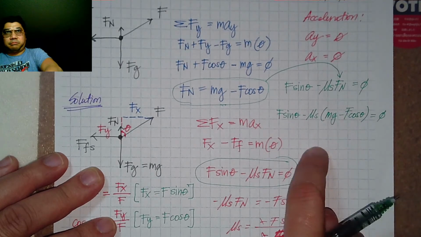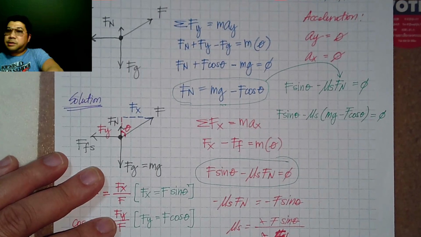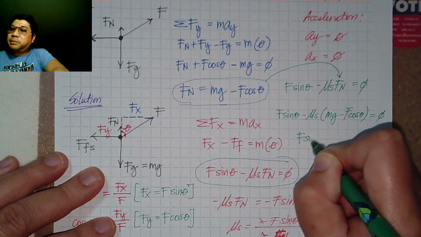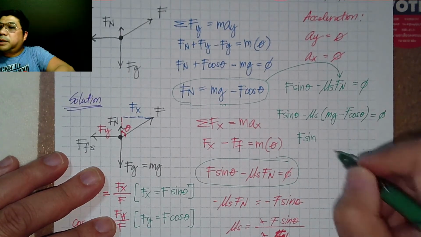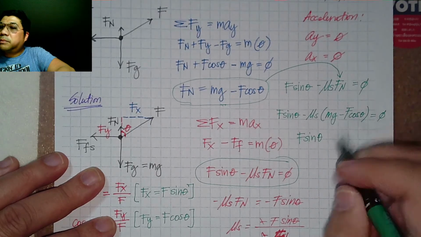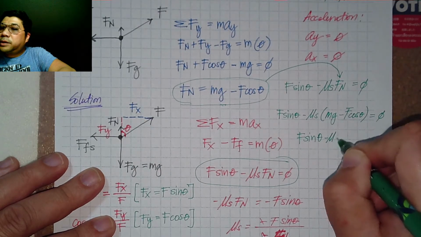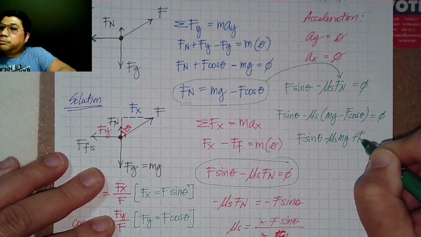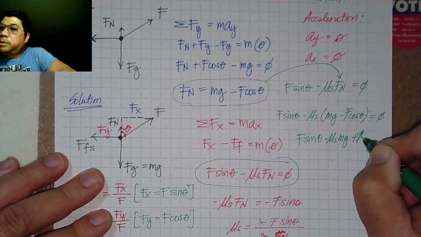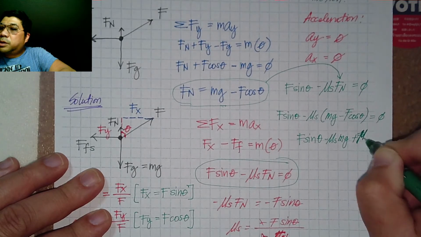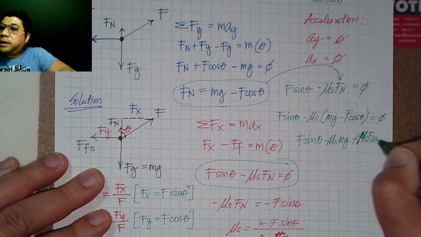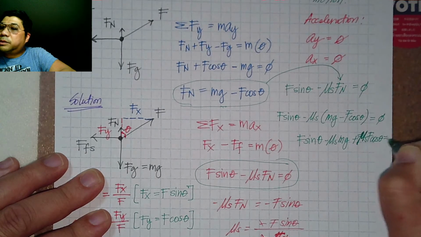Okay, distribute the value of mu s. Let me write a little bit smaller so it can fit. F sine theta minus mu s mg plus mu s, the coefficient of static friction, F cosine theta equals 0.